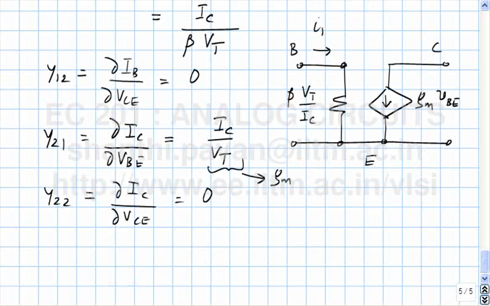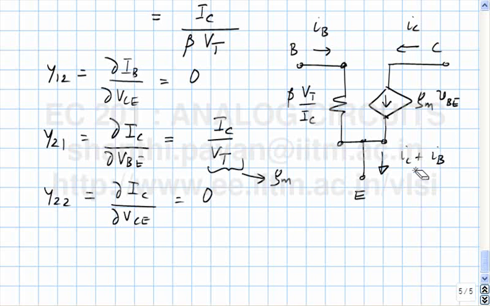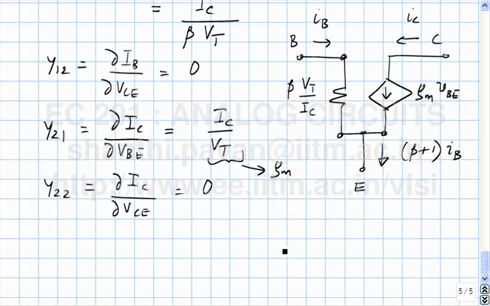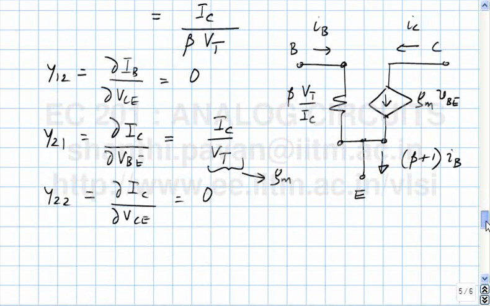Incremental current IB. This is the incremental current IC. What would be the incremental current in the emitter? IC plus IB, and IC is beta times IB, so this is simply beta plus 1 times IB. So this is the incremental equivalent of the bipolar transistor, of the so-called NPN bipolar transistor.